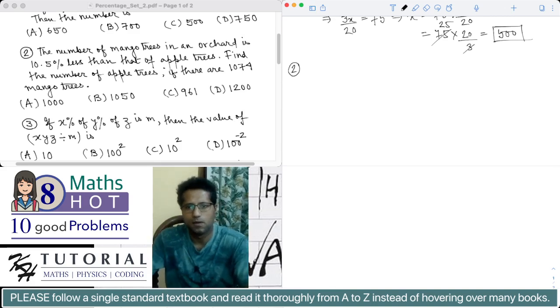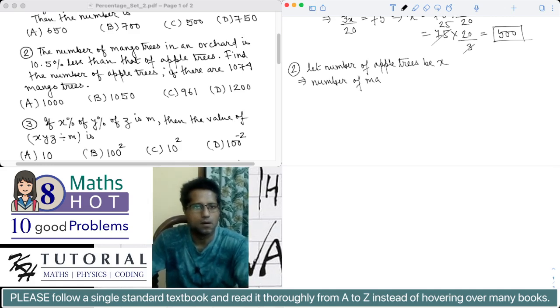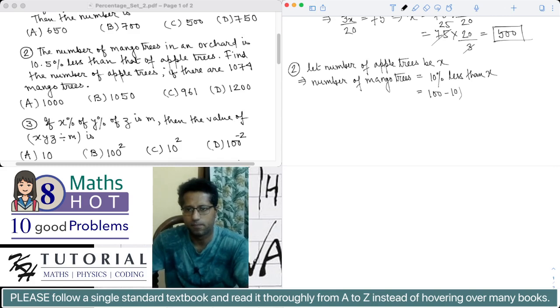So if we assume the number of apple trees to be x, this implies that the number of mango trees is 10% less than x. 10% less than x means 100 minus 10% of x, which is equal to 90% of x.